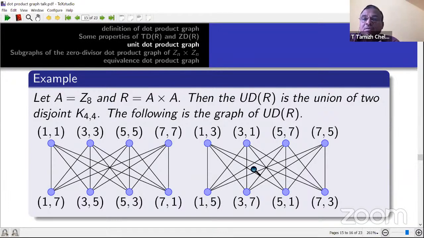Ayman, one thing. Have you ever considered A1 times A2 instead of A times A? You mean different rings? Yeah, different components, because Asir's question ultimately leads to the generalization of different components. I know, but here we have a problem with the definition, because when you add, remember the dot product, you're going to add.